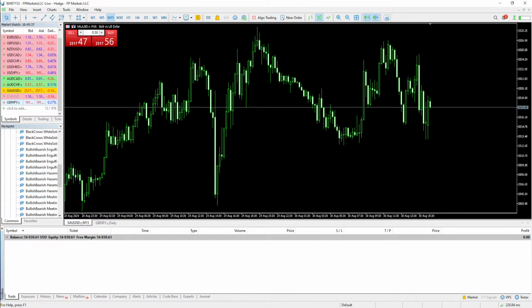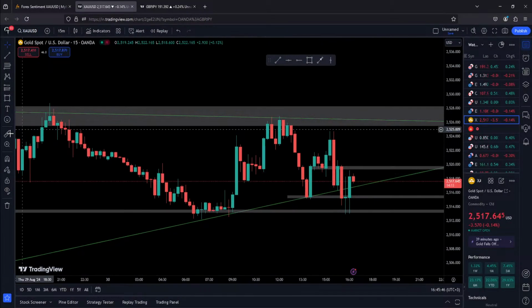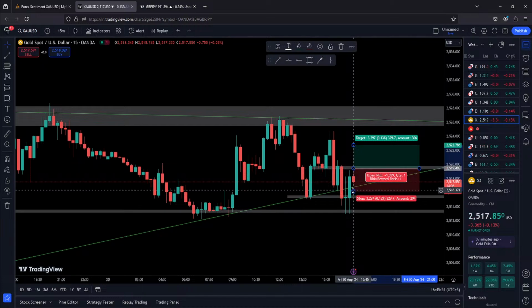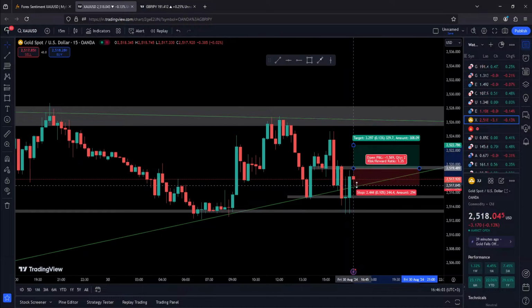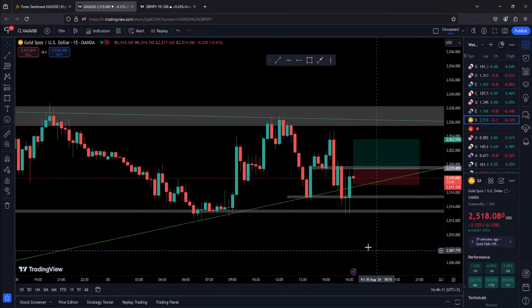Yeah, I can risk around $1,120. So let's go back to this chart over here, and my stop loss will be around 2517, and my target will be around up over here.